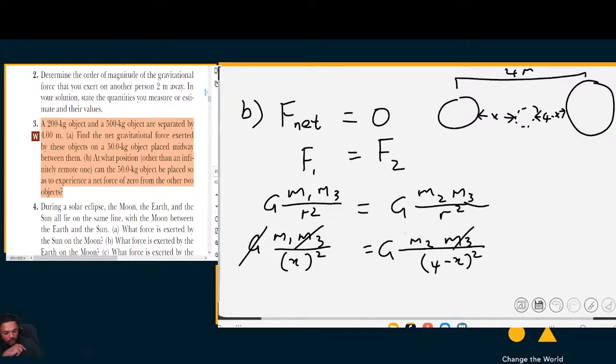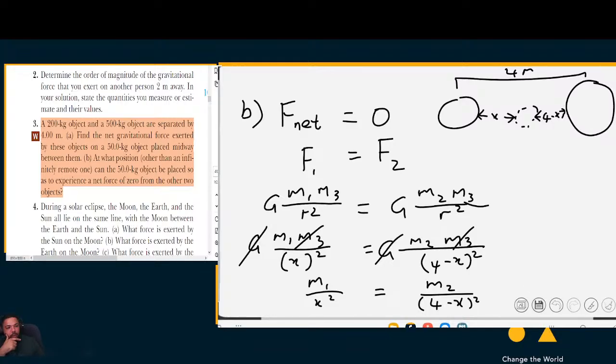We can cancel G, it comes in both. So what we're left with is M1 over x squared, and M2, which is 500 kilograms, over 4 minus x squared. From that, you see you are going to be left with solving for x.